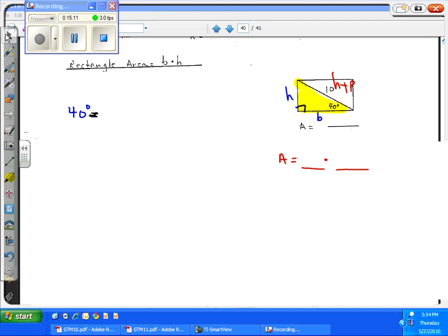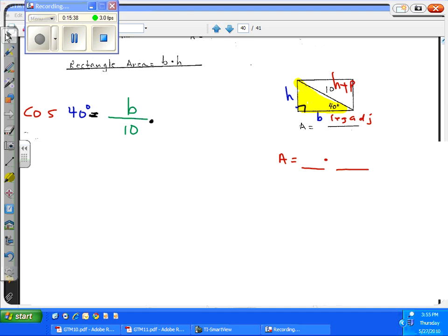And then we got to figure out which one we want to find first. Let's say we want to find the base first. The base is the leg adjacent to the 40. Leg adjacent hypotenuse is cosine. So we have cosine 40. Cosine says you put leg adjacent B over hypotenuse 10.